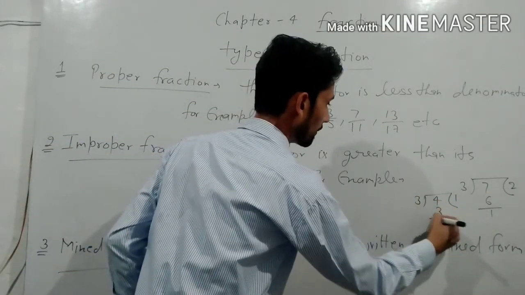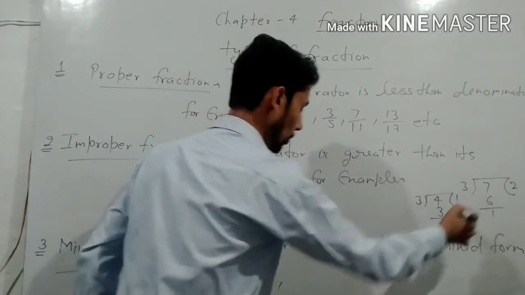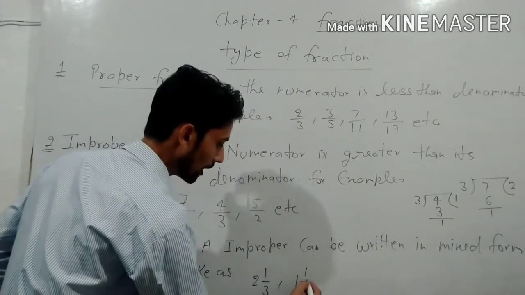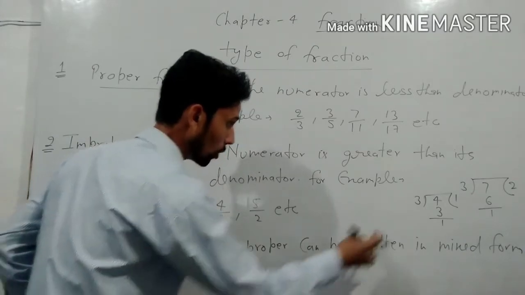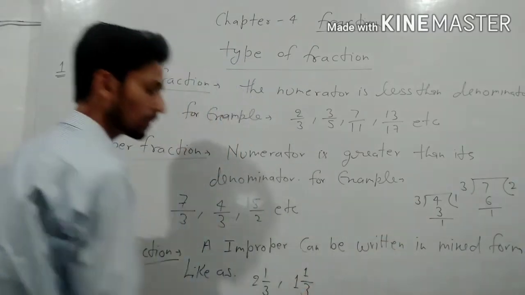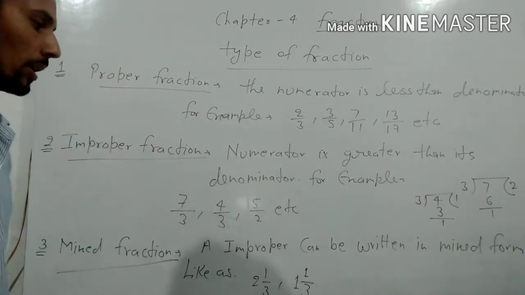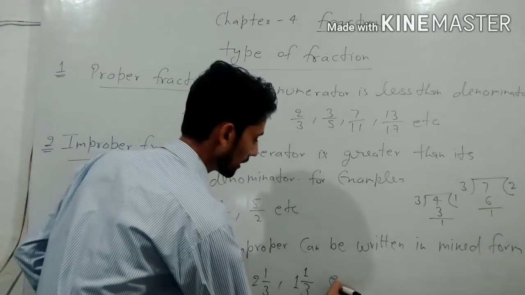Three ones are 3, so 1 is remainder. So quotient is in front, remainder is on the top and divisor is below.